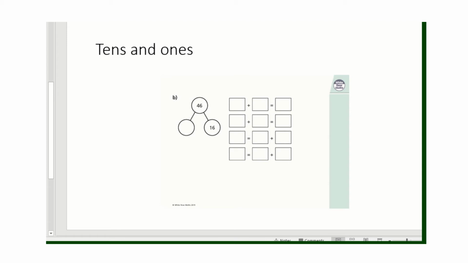So you've got your 6 and you've got a 10. So there'd be 3 10s, wouldn't there? So it would be 30 that would go there. So if it was 30 and 16, wonder if you could write the number additions for it. Pick some other numbers and write me the 4 number sentences to go with it.